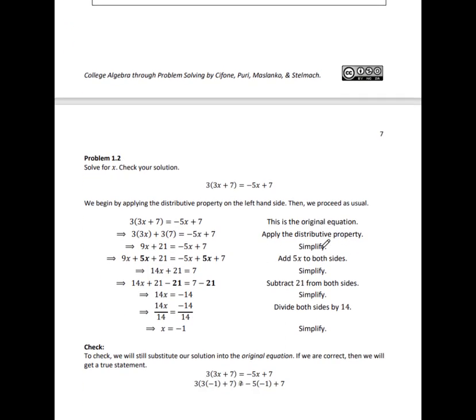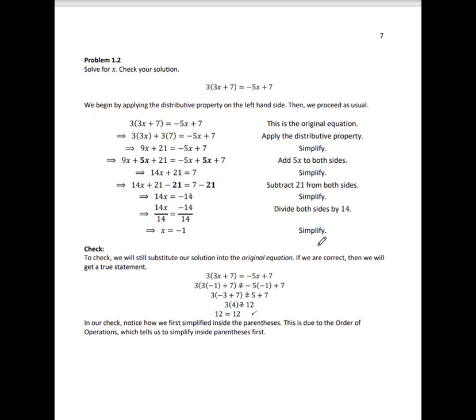Now let's take a look at an example where we are going to apply distributive property. Example 1.2. We are asked to solve for x and then again check the solution. 3 multiplied by the quantity 3x plus 7 equals negative 5x plus 7. We'll begin by applying the distributive property on the left-hand side, and then we'll proceed as usual.